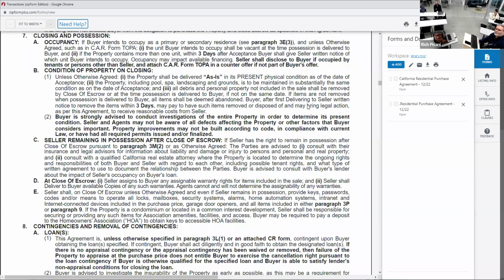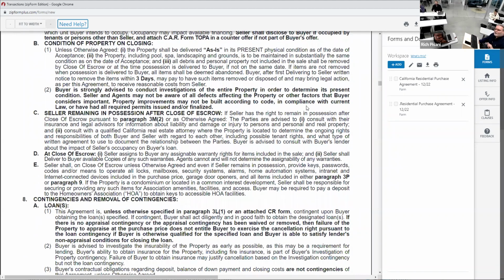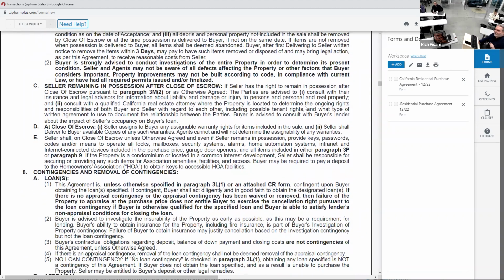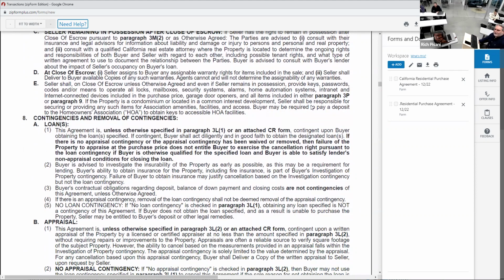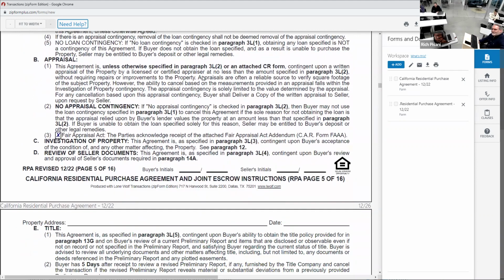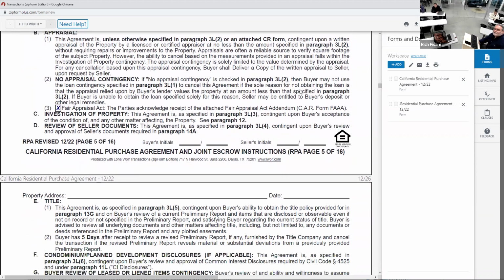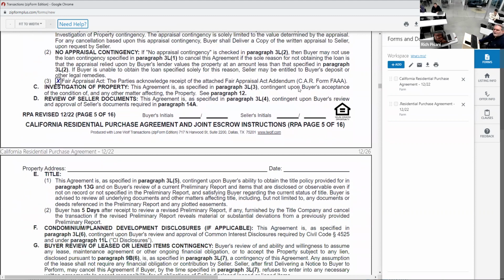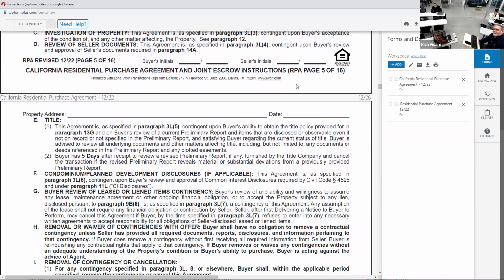This talks about seller remaining in possession after close of escrow. There's that form, those two forms, depending on the time frame. Loan contingency, we went over appraisal contingency, investigation of property, that's the final verification, review of seller demand, title. I'll say this about the title report.